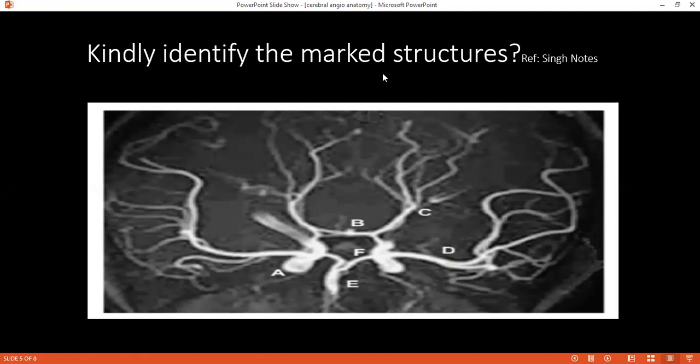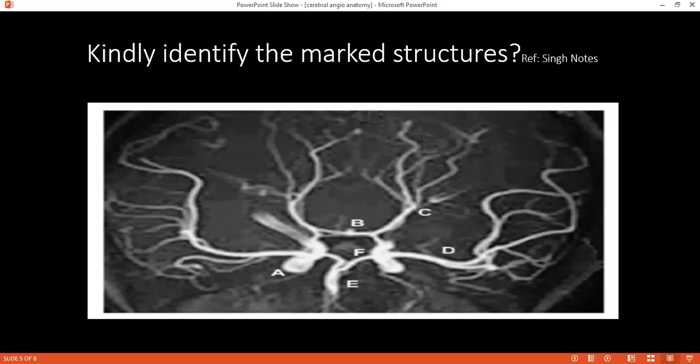Can you please tell me the course of the vertebral artery? Yes, ma'am. Vertebral artery arises from the first part of subclavian artery. It ascends in the foramen transversarium in the cervical vertebrae, C6 to C2. Then it passes on the posterior arch of atlas. From there, it enters into the skull through foramen magnum.